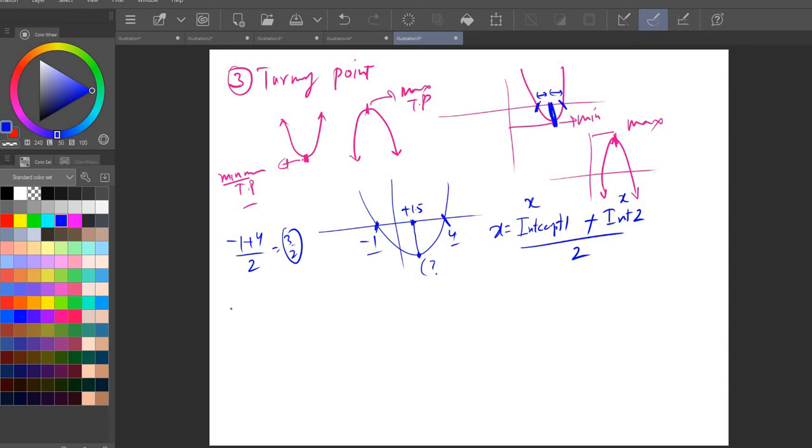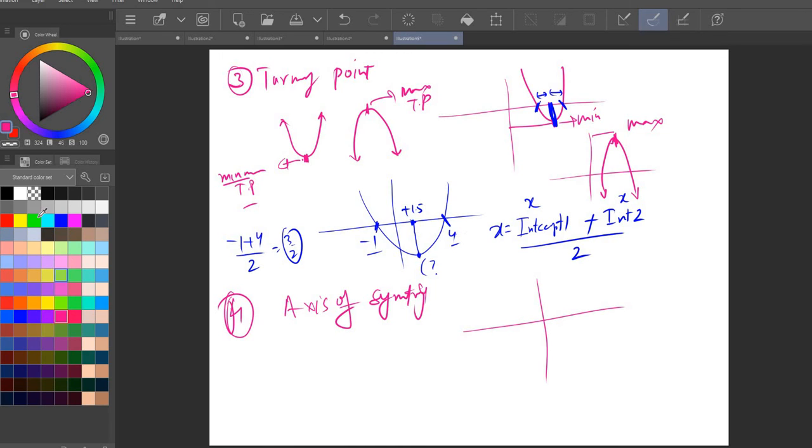Now, the last bit, which is axis of symmetry. That is the last, but one of the most important features again. Axis of symmetry means a line on the graph that divides the graph into two mirror images.